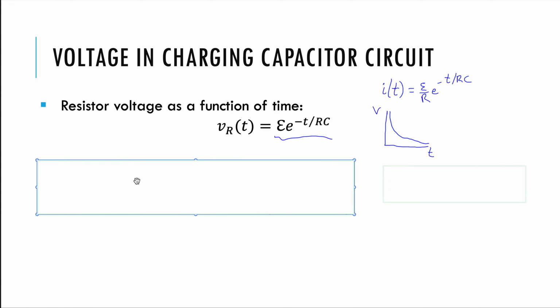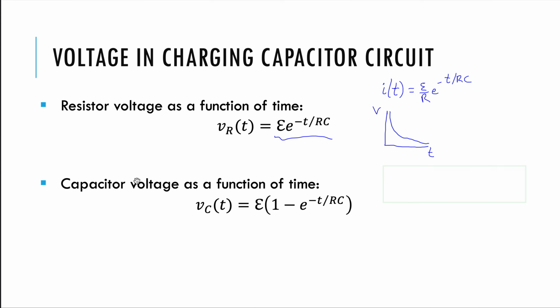And we can also obtain an equation for the capacitor voltage as a function of time. To do that, we use the equation that we found for the charge on the capacitor as a function of time, which was this equation. And we know that C equals Q per voltage, so delta V is Q per C. So if we have charge as a function of time, but we want voltage as a function of time, we just have to divide this expression by C. And that is how we obtain this expression.